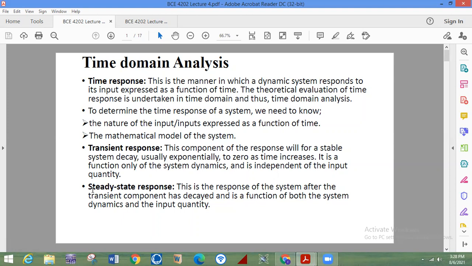Now, defining steady state response: this is the response of the system after the transient component has decayed, and it is a function of both system dynamics and the input quantity.